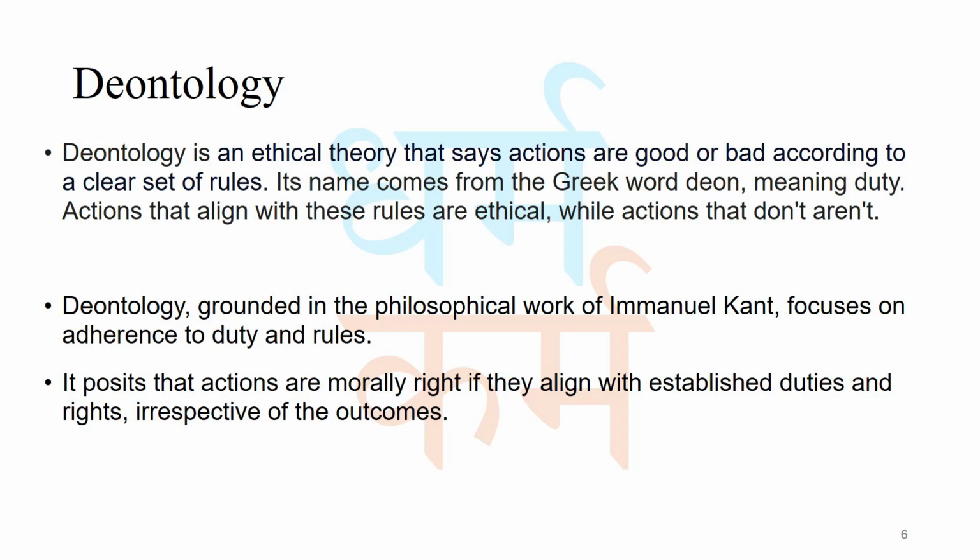Deontology, grounded in the philosophical work of Immanuel Kant, focuses on adherence to duty and rules. It posits that actions are morally right if they align with established duties and rights irrespective of the outcomes.